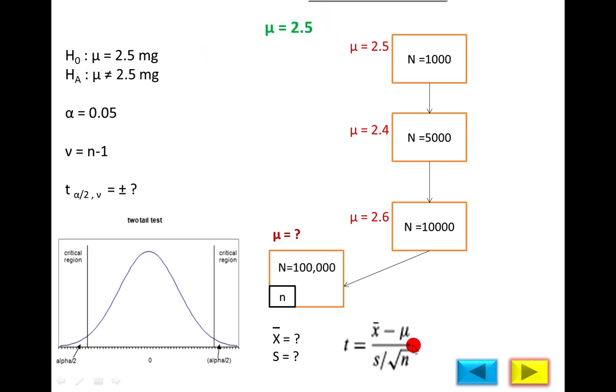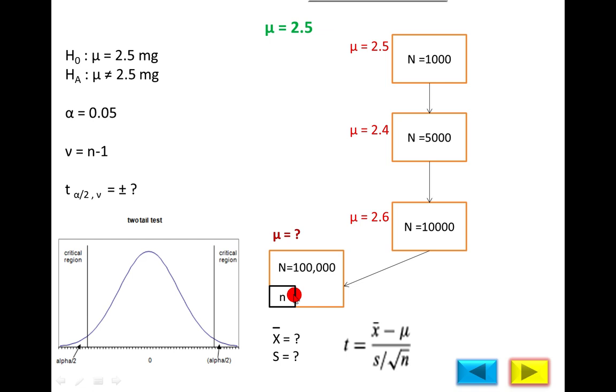If the calculated value lies in this rejected region or critical region, then we will reject the null hypothesis. Reject the null hypothesis means the current population mean. We always test the current population, not the previous population, because we select the sample from the given population or current population.